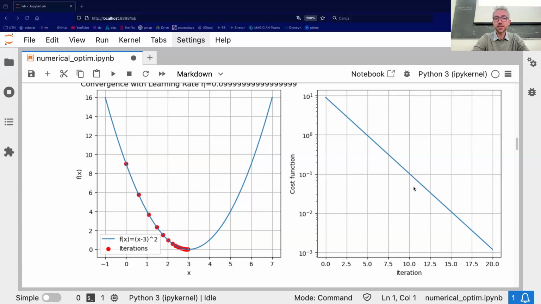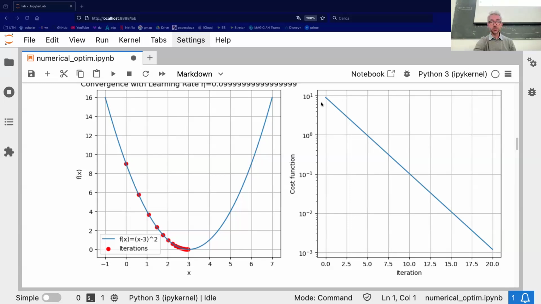On the right, I can see the value of the function f plotted against the number of iterations. It's in logarithmic scale, so I can see how quickly it's going to 0. We are starting from the value 9, and we are going down linearly in logarithmic scale, which means that we're going down exponentially, actually.